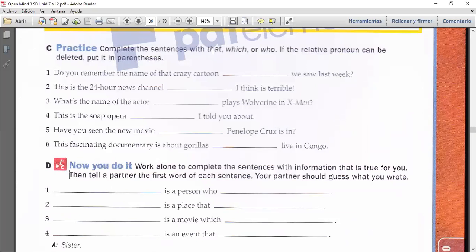You have to complete with that, which, or who. If the relative pronoun can be deleted, put it in parentheses. Okay? Here, in my example, right?